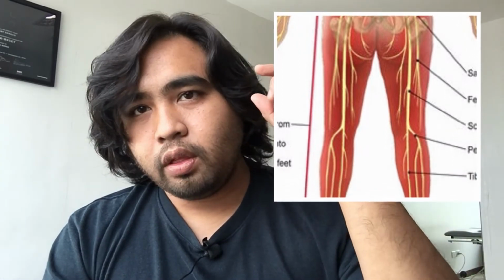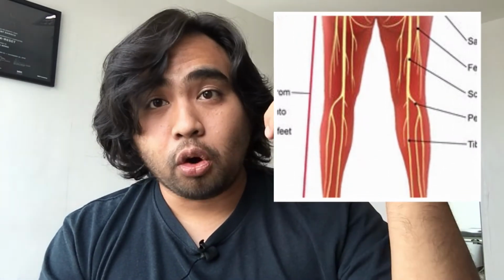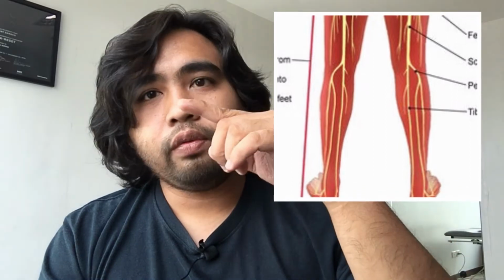So if one of the nerve roots in our low back is compromised, for example, the nerve root that is supplying our leg or foot, you can have symptoms in your foot, but it's actually your back that has a problem. So you want to objectively look at your back and see if it's the one causing you foot pain or not.